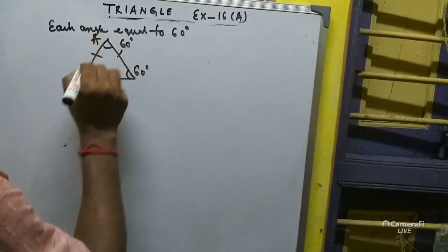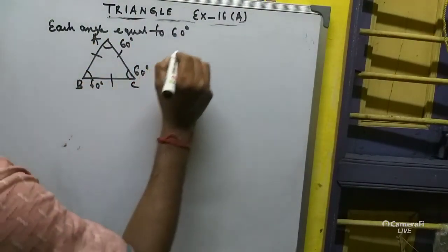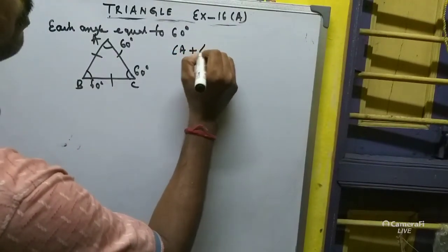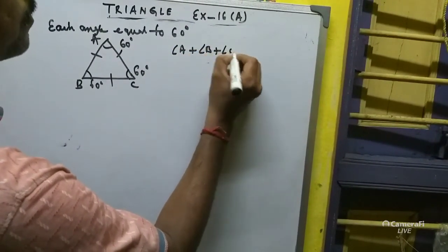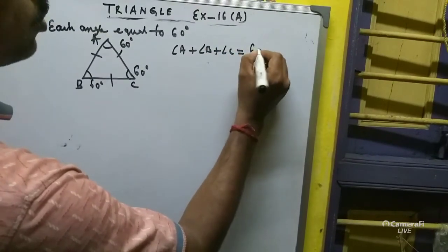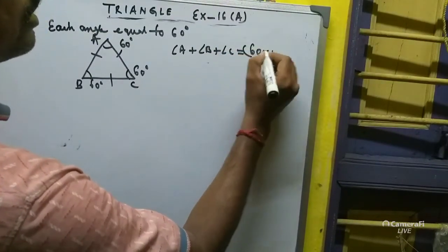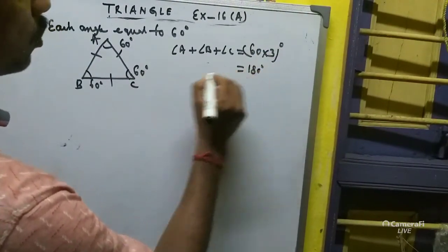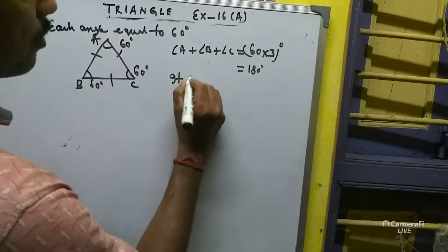So A, B, C have three equal angles. The sum A plus B plus C is 60 times 3 degrees equal to 180 degrees. So it is possible.